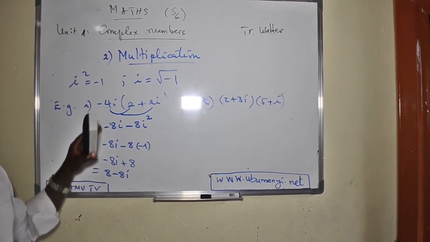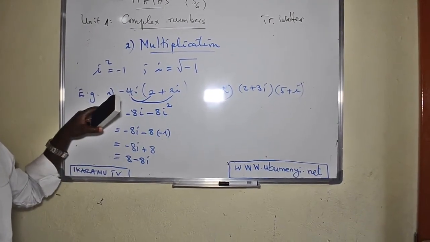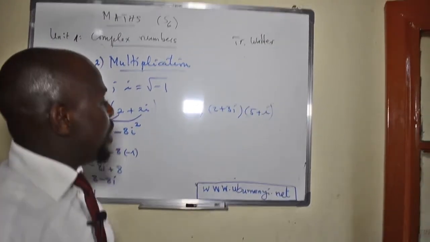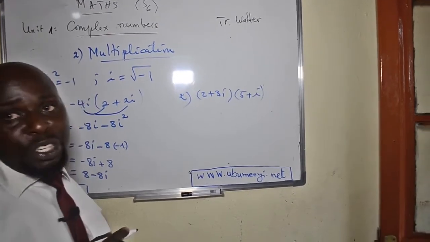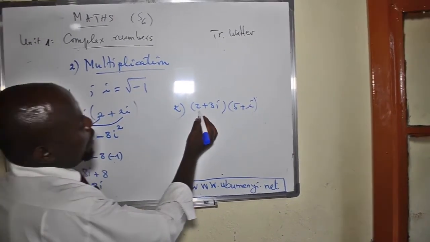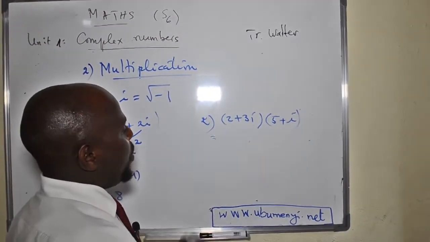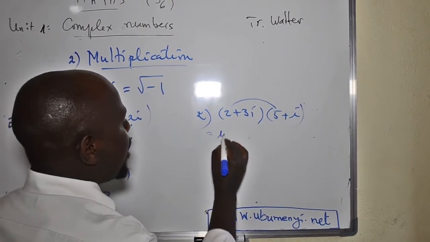We go now for the second example, which is kind of different from the first one. In the first one, we have been able to remove the bracket by applying the distributivity rule. So it is the same here as what we are going to do. Here also, we shall use the same property of distributivity. You can see, we expand. This is 2 times 5, and we get 10.